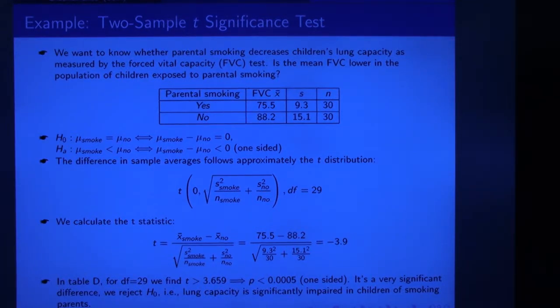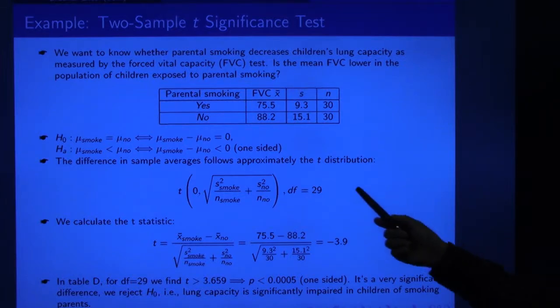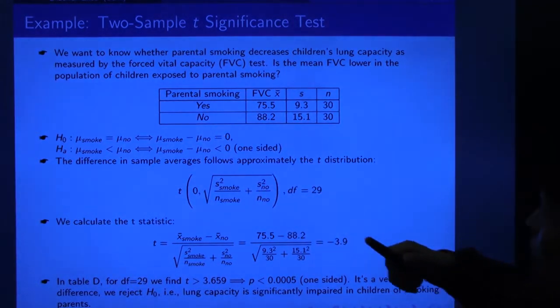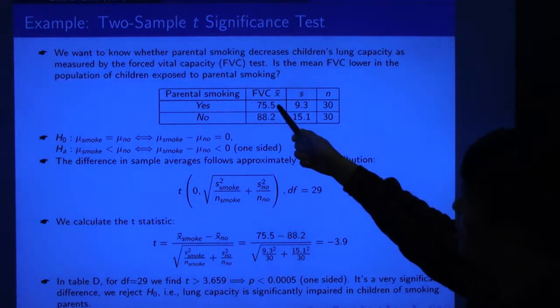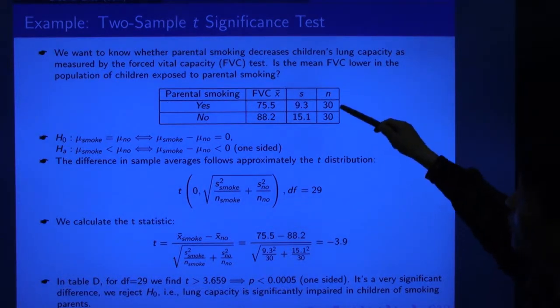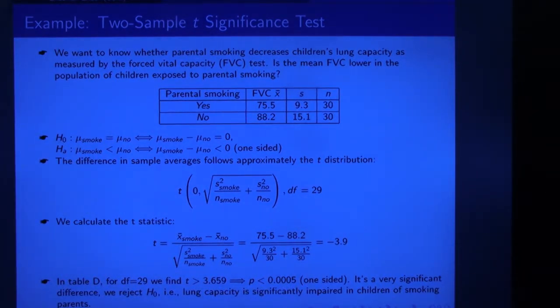Here we are given two sets of data, and we already have the results. For example, for the first sample, the smoking parents, the mean of the sample equals 75.5, the standard deviation equals 9.3, and the size of the first sample equals 30.